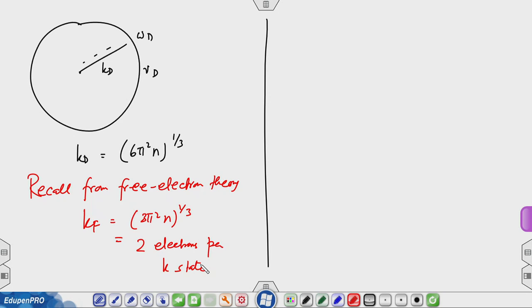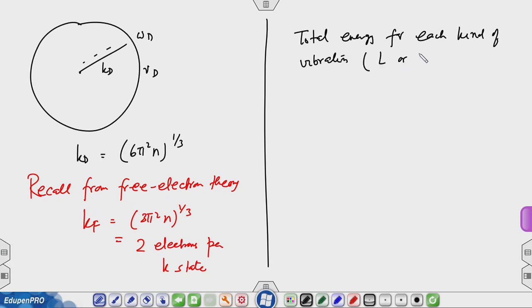So, we have now found what the number of modes are going to be. The total energy for each kind of vibration, longitudinal or transverse, is going to be, I have 4 pi k square dk times 1 over 8 pi cubed as the number of modes.